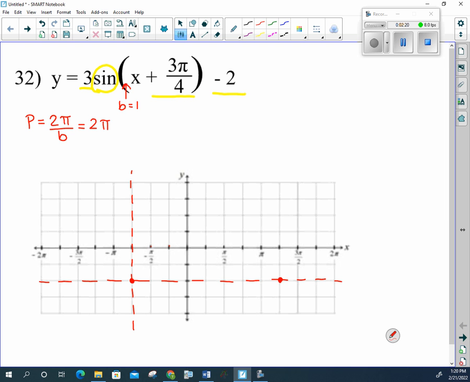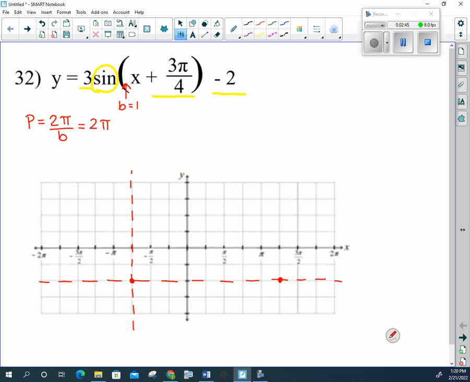Remember, we've got these key points that we have to put in. My amplitude is 3. So I know I'm going to go up 3 spaces from the midline and down 3 spaces from the midline. And it looks like if I go down 3 spaces from the midline, I'm going to go off my grid paper. So I'm just going to guess where that point is going to be when I get to it. But I want to figure out how far apart each of those points should be.